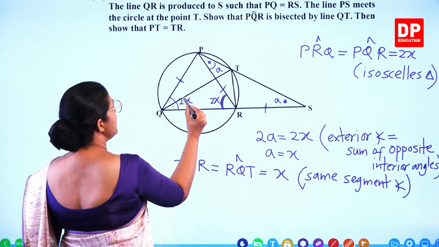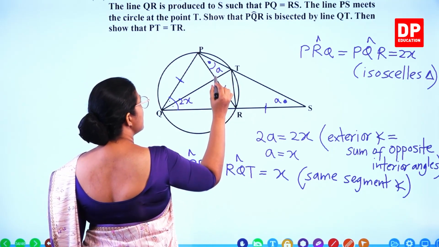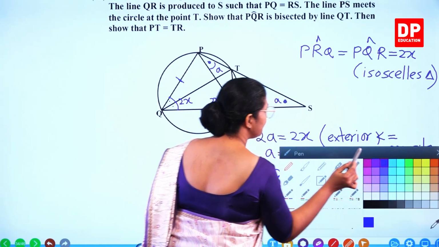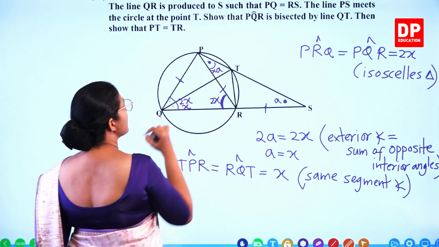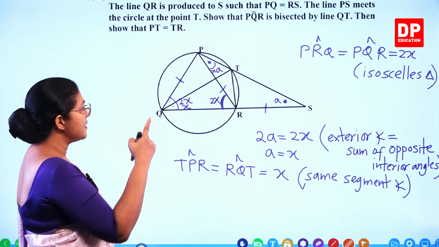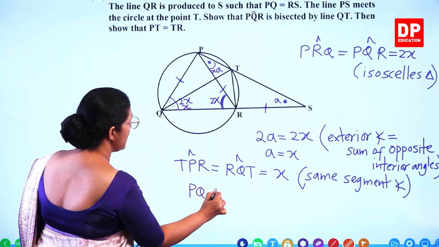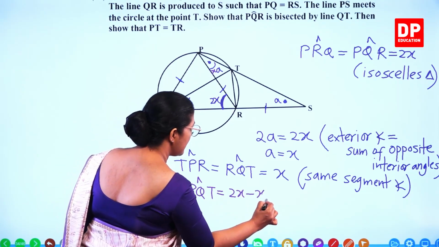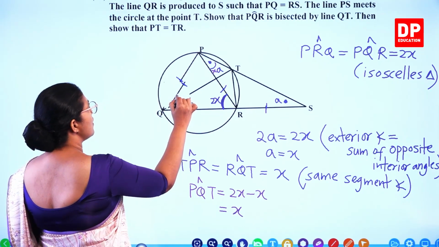Here we found A equals x, so I'll change it to x here. So this is x. So this is also x. Now if this is 2x, this is x. So what is the other angle? Angle PQT is 2x minus x. That becomes x.